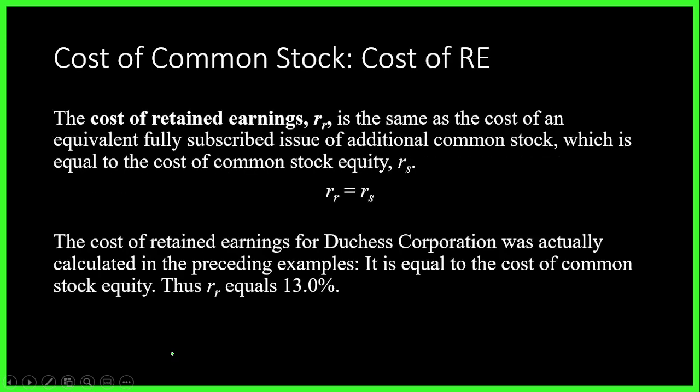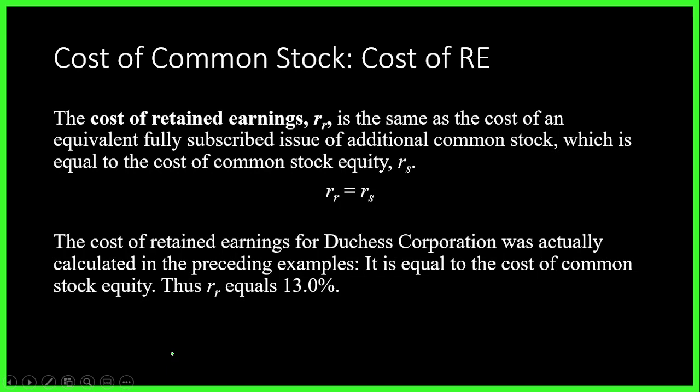Okay, so now let's continue. You have the cost of debt, which is after tax. You now have the cost of preferred stock, and then you now have your cost of common stock, using constant growth or the capital asset pricing model. Now, for your cost of retained earnings, it's very easy because this is equal to the cost of common stock.